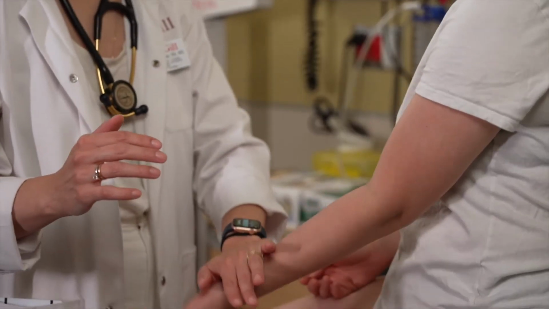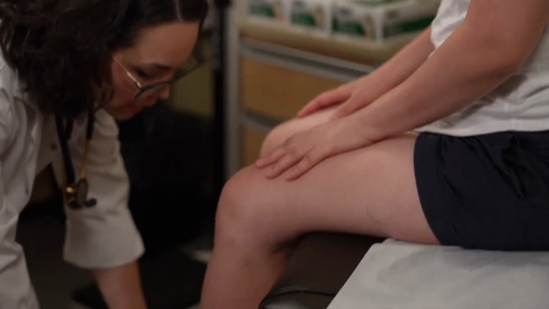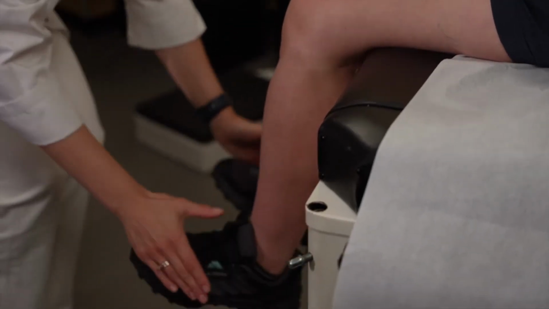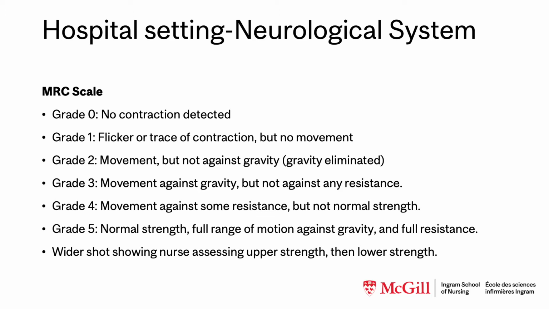Assess muscle strength of the right and left lower extremities, pushing feet against your palms and flexion and extension at the knee. Use the MRC scale to grade the muscle strength in the upper and lower extremities. Compare each side bilaterally.